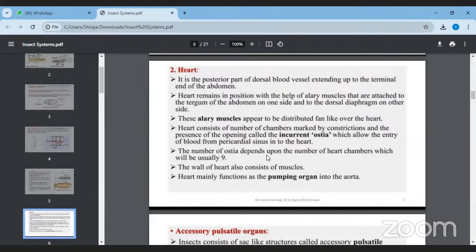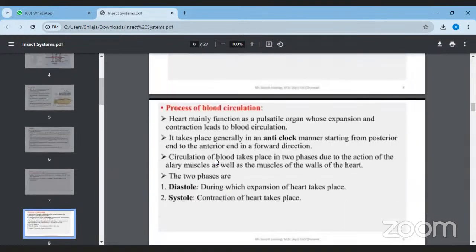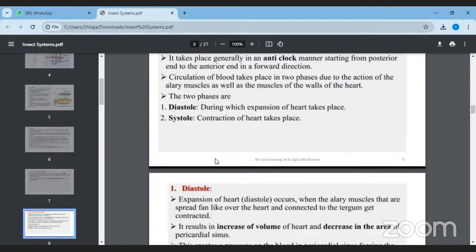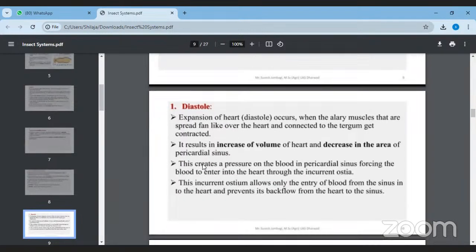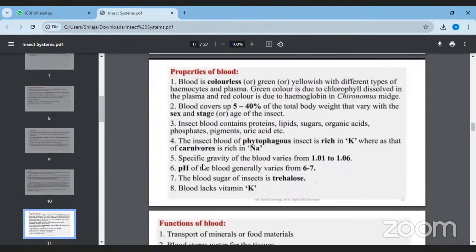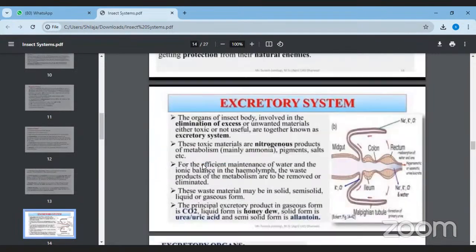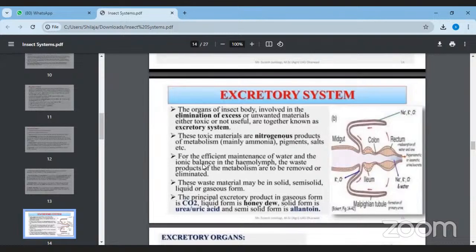Nine pairs of ostia are present in the abdomen region and three pairs in the thoracic region. Incurrent ostia help bring the blood into the heart for circulation in the insect. You can also explain systole and diastole. If you have no doubts, we can move on to the excretory system.